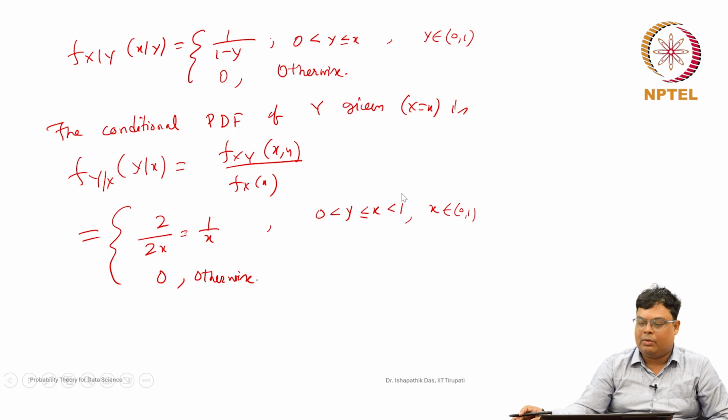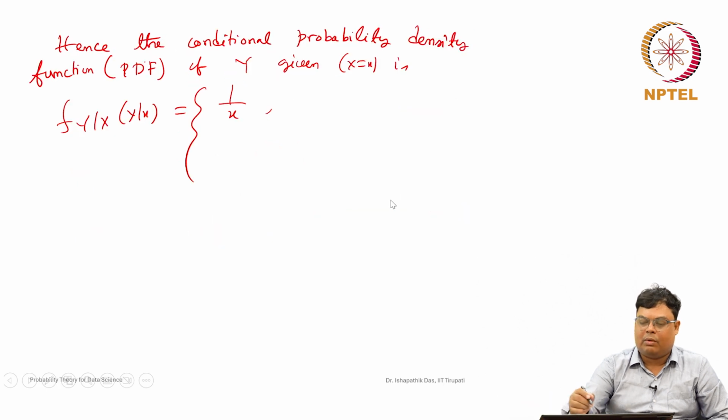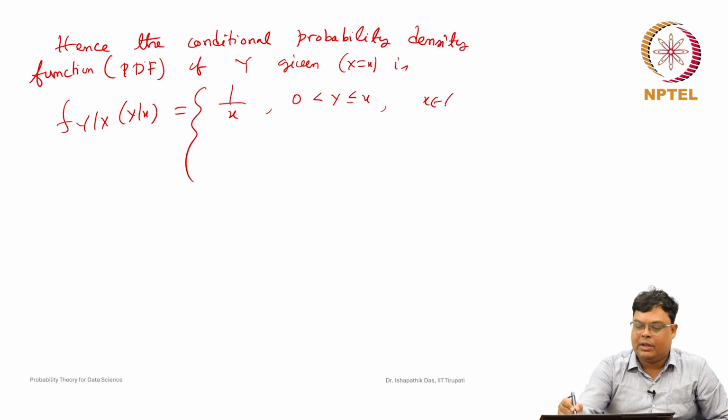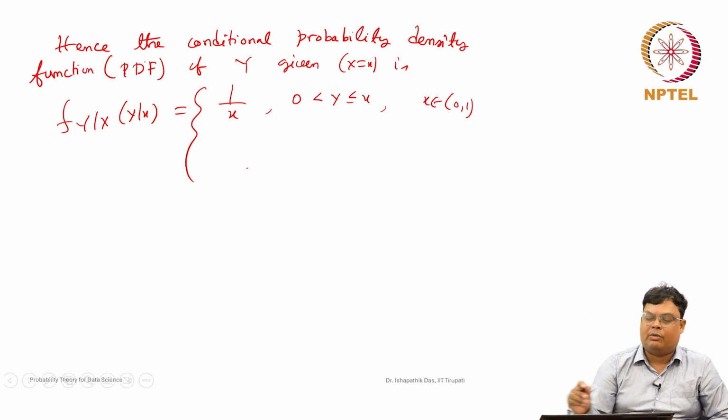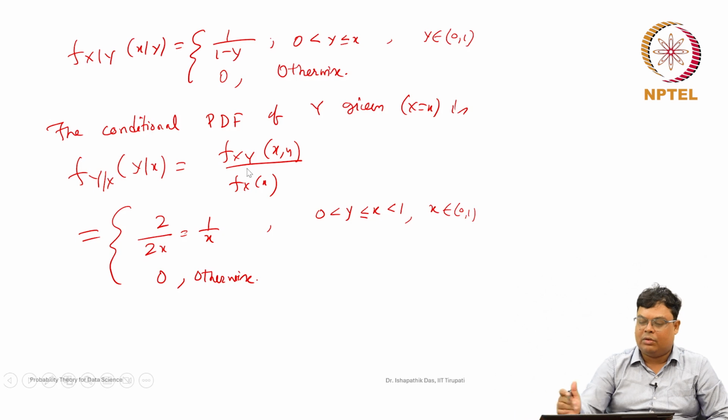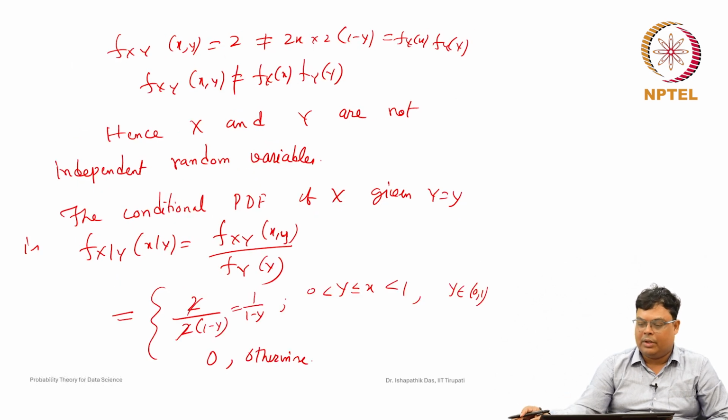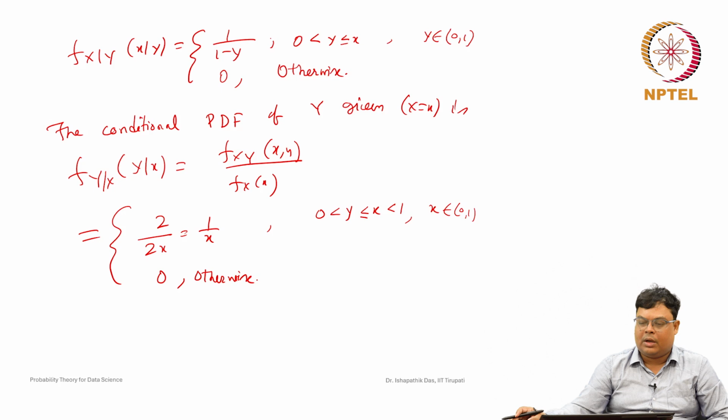So, here also we have to give the limit 0 less than y less than or equal to x, where x between 0 and 1 can take any value, then 1 by x. Similarly, here it is 1 by 1 minus y, and x is between y and 1.